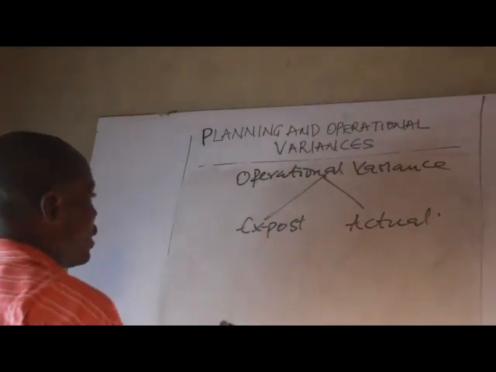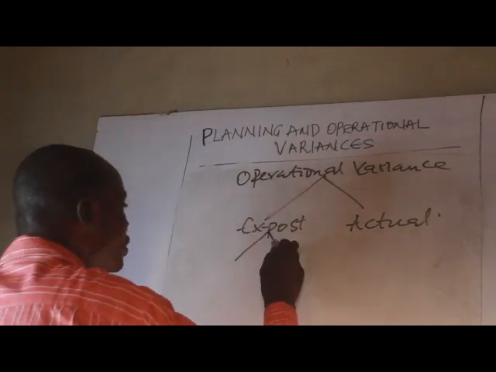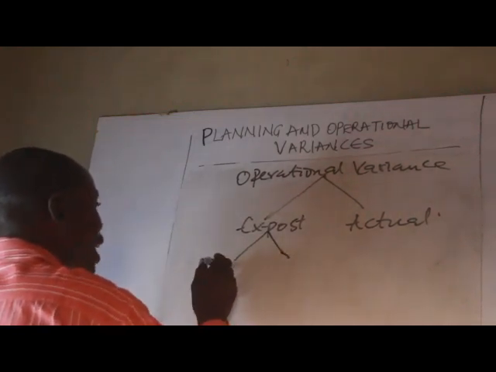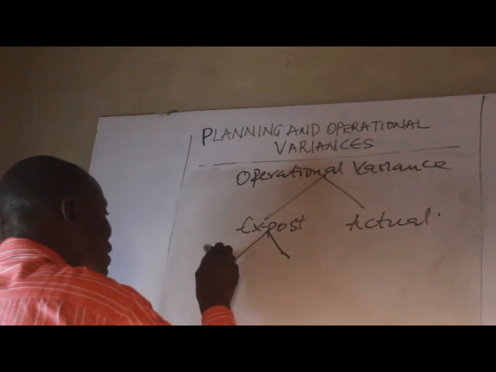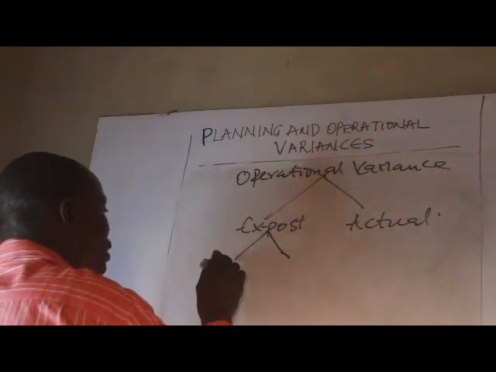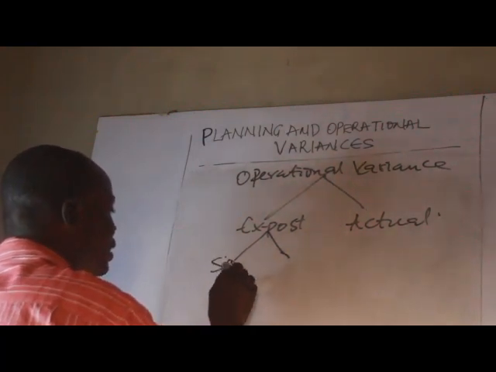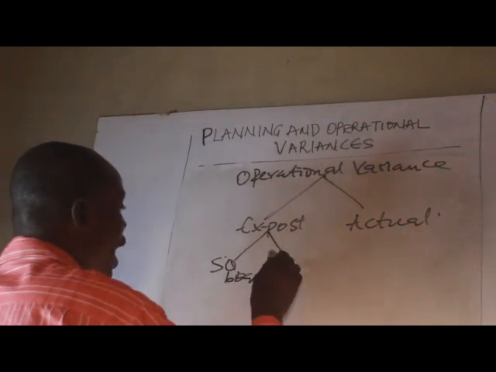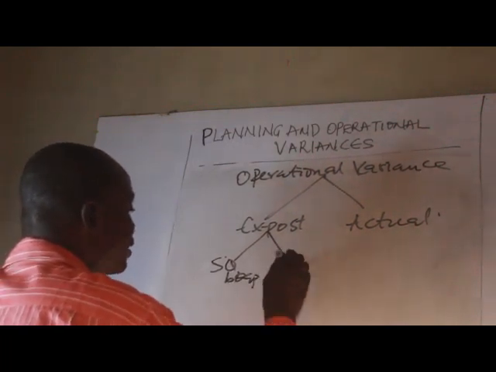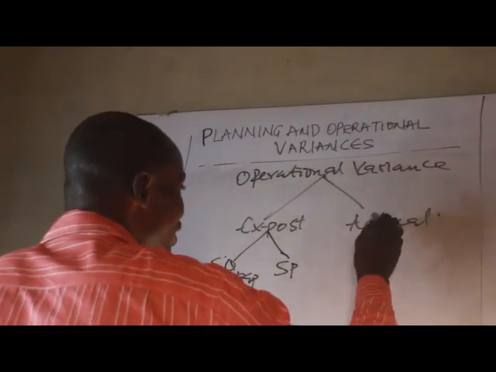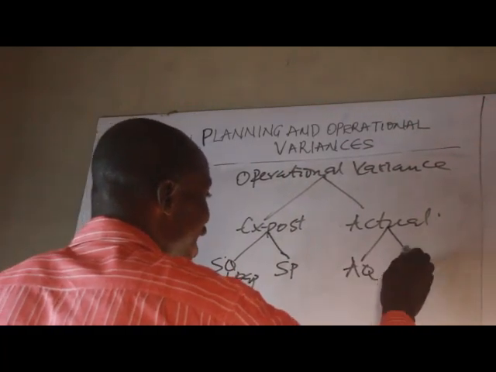This ex post for material, you can have ex post standard quantity based on actual production and ex post standard price. Then actual, you have actual quantity and actual price.